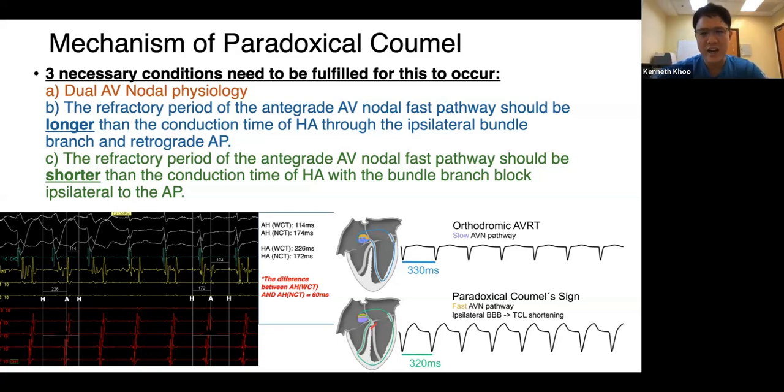Is it the AH that predominates or the HA that predominates? Now, in paradoxical Kuhlman's, AH is the one that predominates in the sense that if the shortening of the AH interval is greater than the lengthening of the HA interval, then the overall effect will be a shortening of tachycardia cycle length. In other words, a faster tachycardia. And the opposite is true for narrow complex.